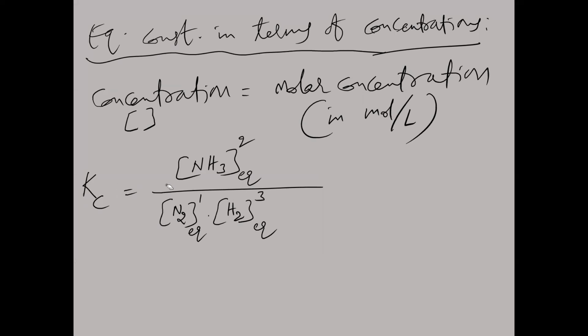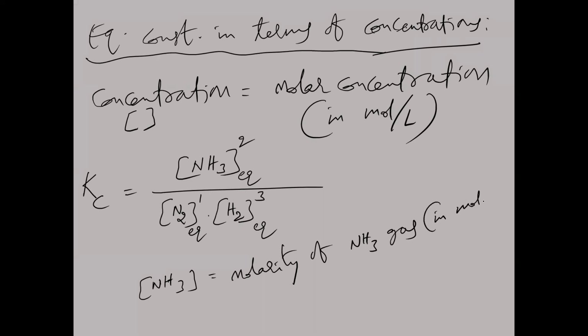So Kp, Kc, Kn, Kx, all these things we should not confuse. We should understand the relation between all of them. Okay, let's take the screenshot of this one. What is the square bracket of NH3 meaning here? It is the molarity of ammonia gas in moles per liter.